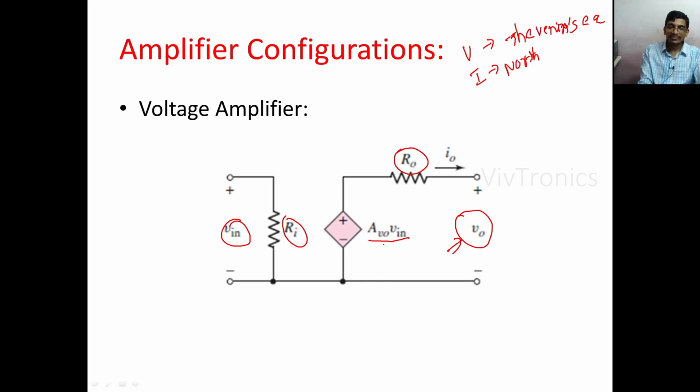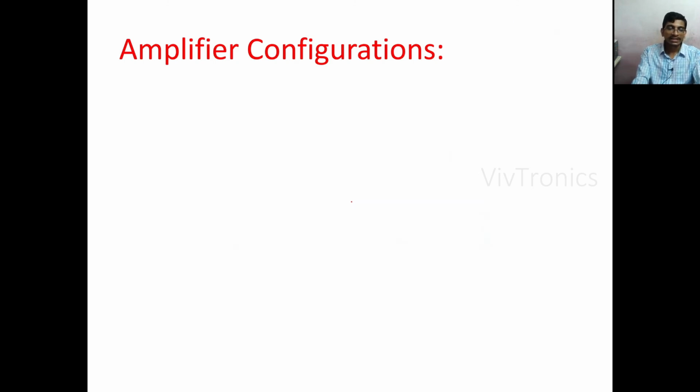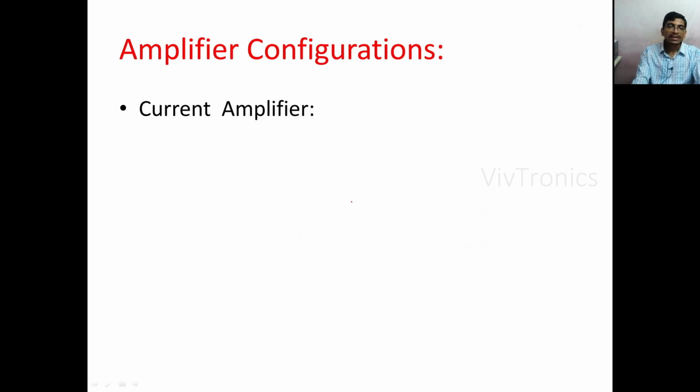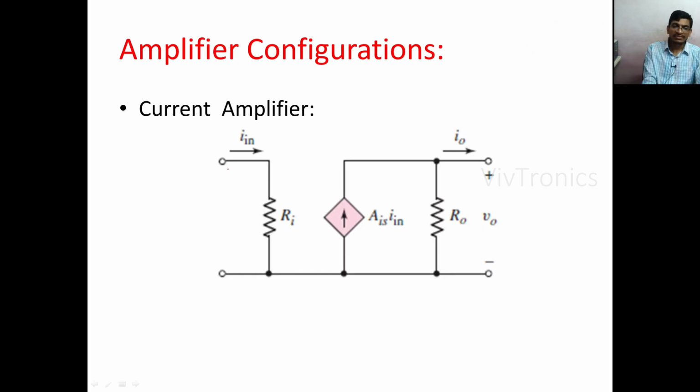Avo is the gain of the amplifier, Vin is the input voltage. Therefore, we can say Vo is equal to Avo into Vin. So, in the voltage amplifier, output voltage is proportional to the input voltage.